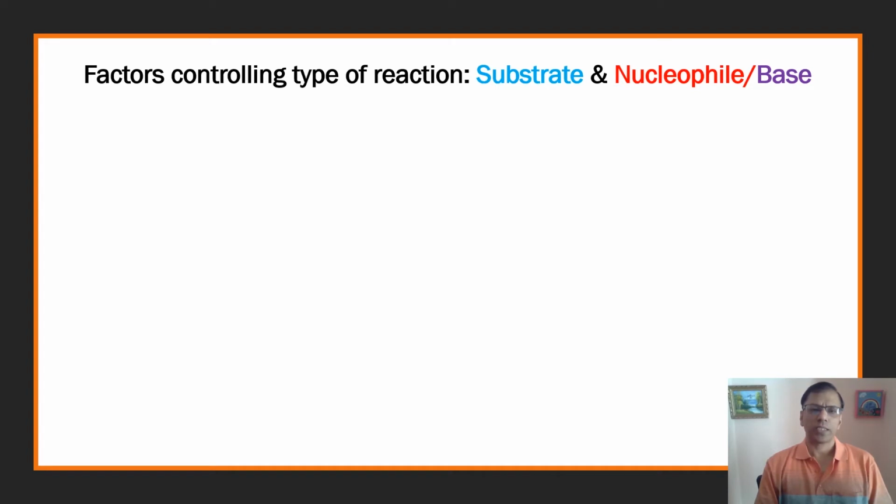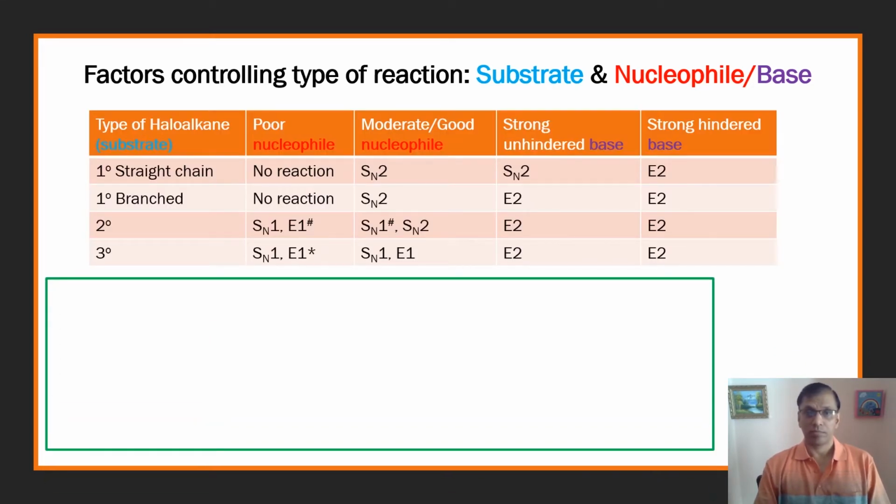So let's start with the substrate, nucleophile, and the base. There are different types of substrates, and that's based on the branching. Primary substrates will have a straight chain, and then you can also have a primary branched.